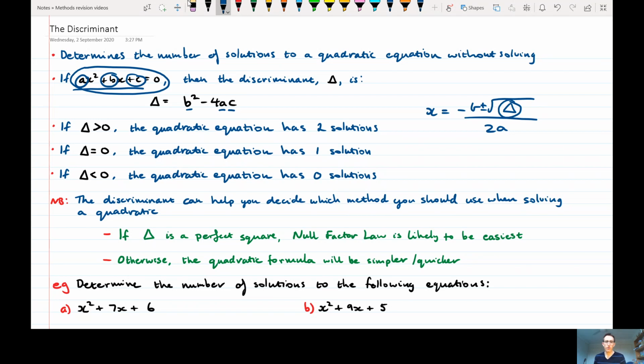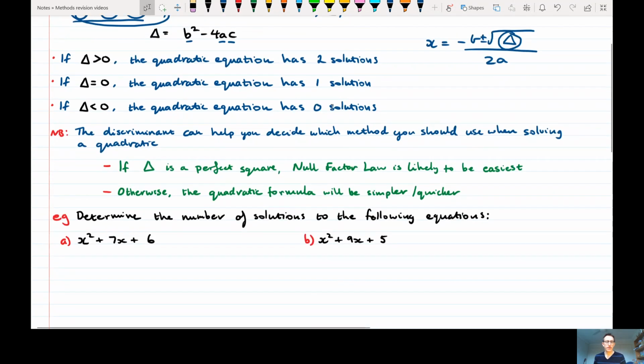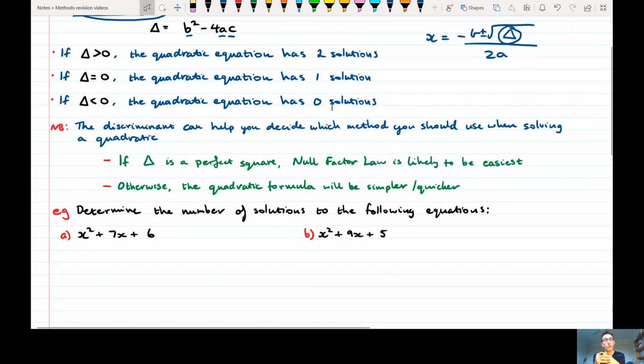Before I remind you how to use it, the discriminant can also help decide which method you should use to solve a quadratic. That's a different video on solving quadratics, but the discriminant will help you determine which method is best.